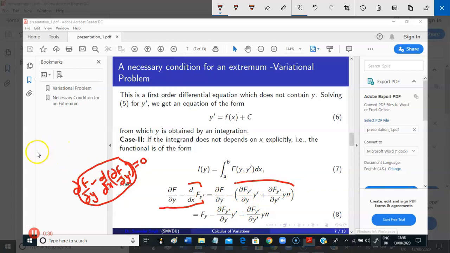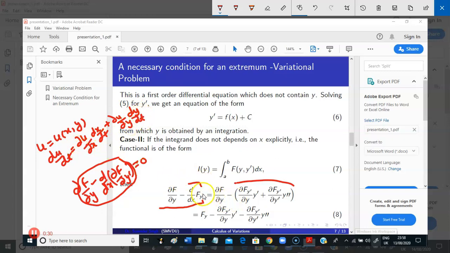If you have a function u of two variables x and y, and you want to find du/dt, then that is ∂u/∂x dx/dt plus ∂u/∂y dy/dt.